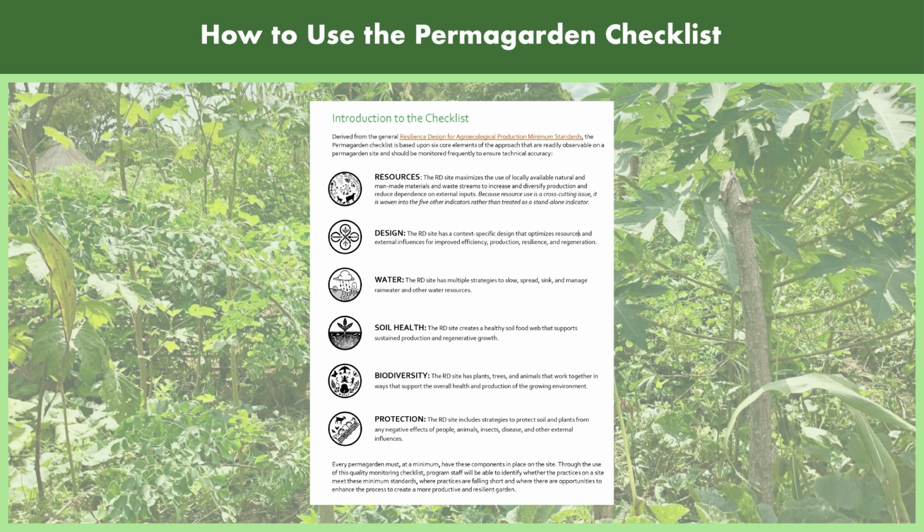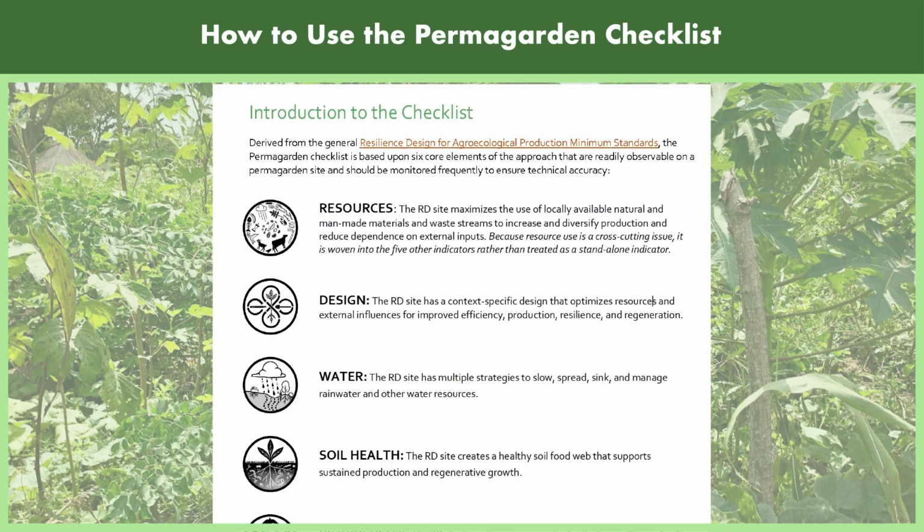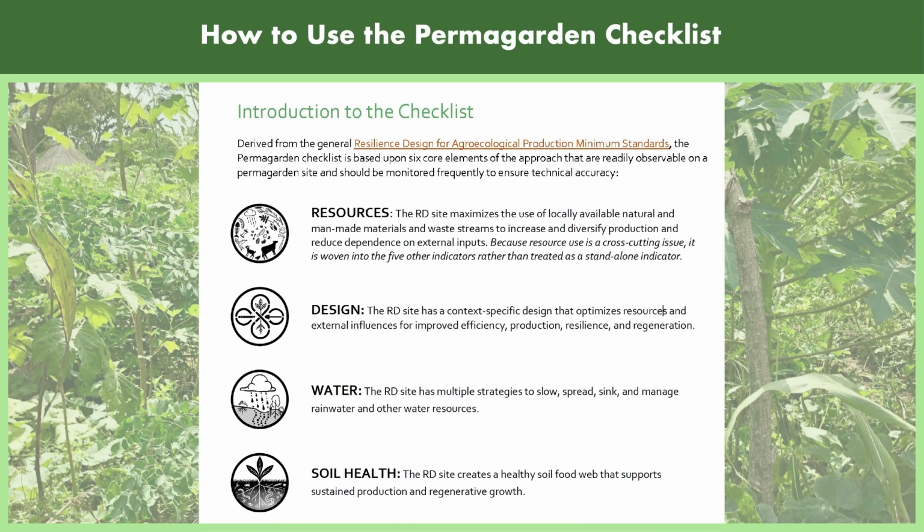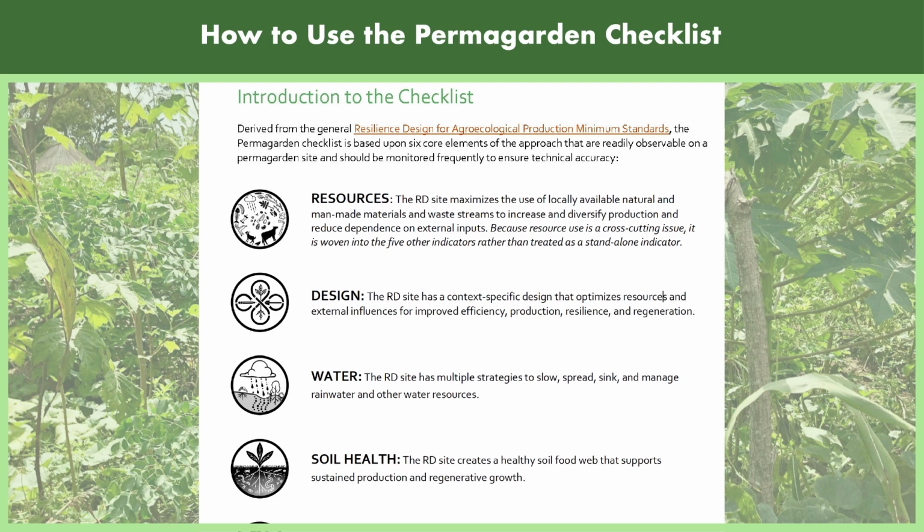One tool available for monitoring permagardens is called the Permagarden checklist. It was created by the USAID BHA-funded Scale Award and is found in the supplemental materials. The checklist helps project staff and community members assess 6 minimum standards of the Permagarden approach that are observable in the field and should be monitored frequently.